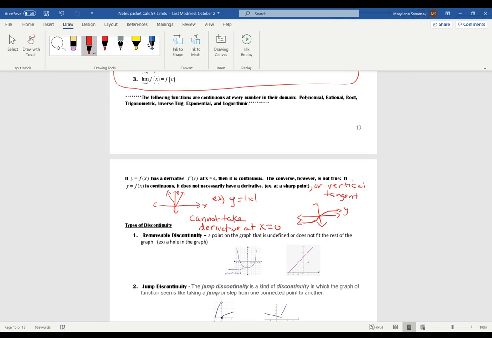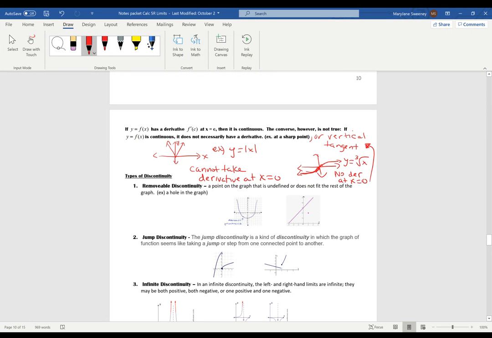If we have y equals, let's say, cubic root of x, there is no derivative at x equals 0, and that's because there's a vertical tangent. So right there at 0, you cannot take the derivative.